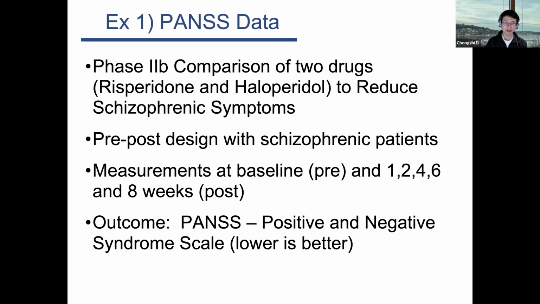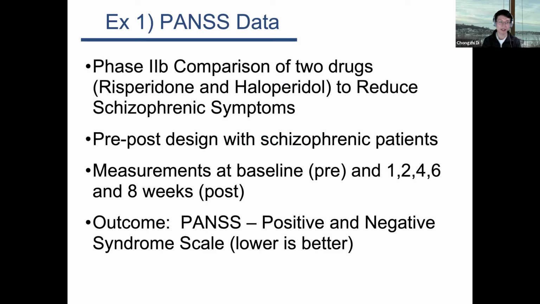The first example is from a phase 2 randomized trial comparing two drugs to reduce schizophrenia symptoms. It is a pretty standard pre-post design with a sample of schizophrenic patients.